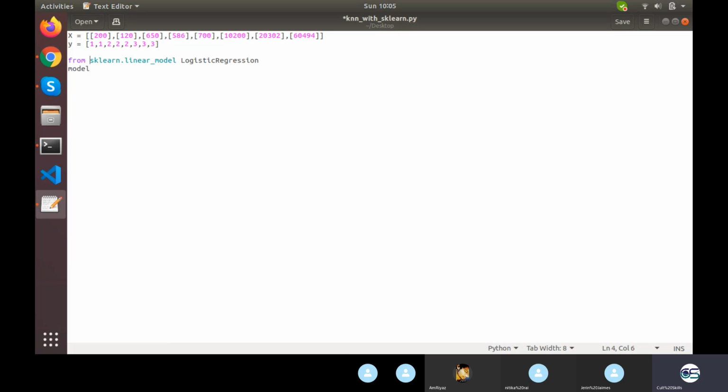Model is equal to m. Then model.fit(x, y), and I'm making something like x to be predicted.